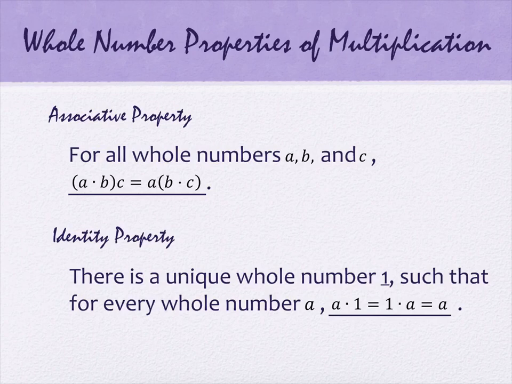Identity. Now, we had an identity property for addition. We did not have one for subtraction. What was our identity element for addition? It was 0. Okay, so it's different for multiplication. We have an identity property. You might want to write in that this is the multiplicative identity property, because the number's not the same. Our additive identity was 0, but our multiplicative identity is actually the number 1.